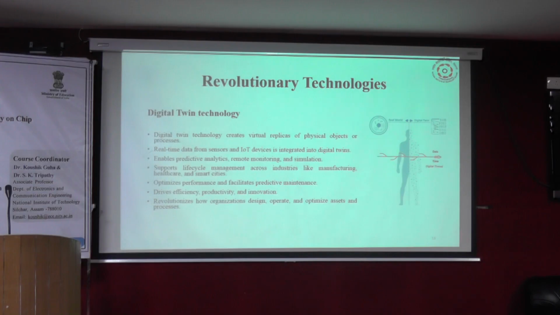Digital twin technology creates a virtual replica of physical objects. Why is it needed? Because in earlier times, whenever people invented a new drug, they used to test it on animal models. But nowadays that is slowly diminishing, because animal testing is not recommended at all.